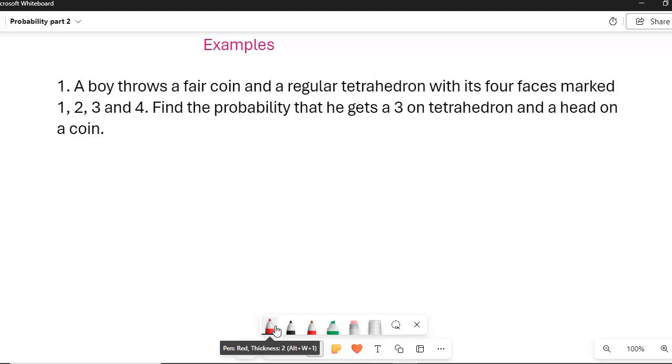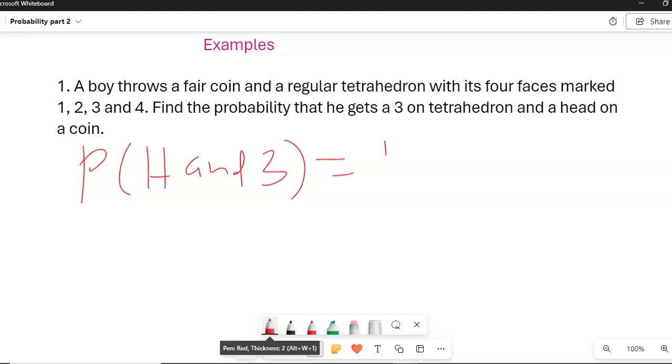So we have a case of a boy having a fair coin and a tetrahedron, and we want to find the probability of getting a head and a 3 on the tetrahedron.